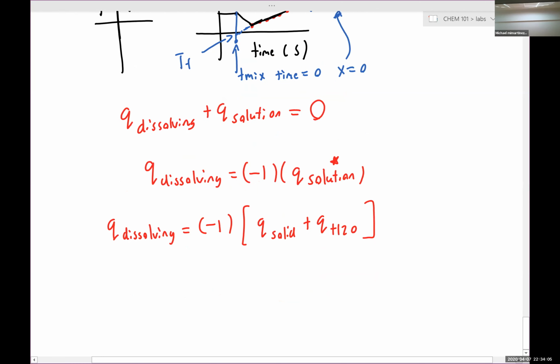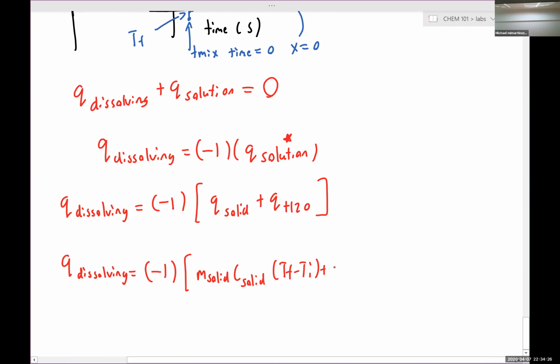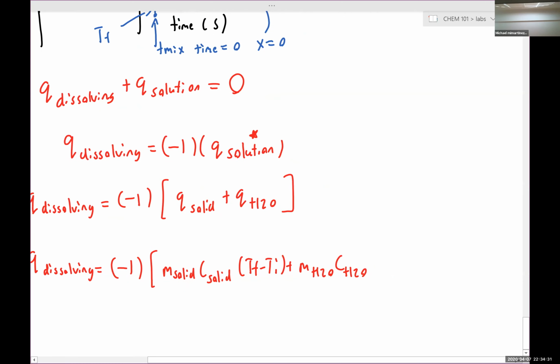And now expanding our equation, the Q dissolving is going to be equal to -1 times the mass of solid times the specific heat of solid times T final minus T initial plus the mass of water times the specific heat of water times T final minus T initial.